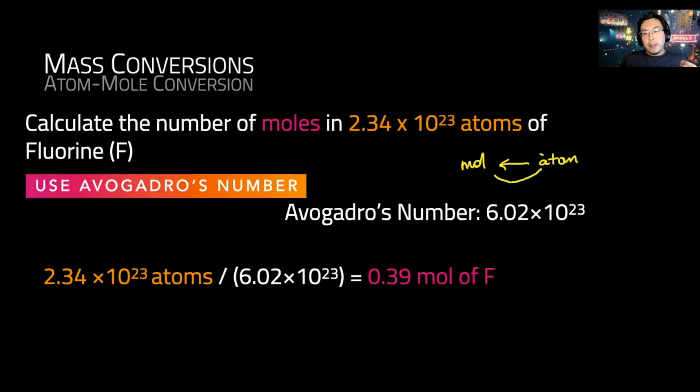So we're going to be dividing by Avogadro's number, 10 to the 23, right? This entire thing you're going to put in the calculator and then divide by this entire thing, right? At the end, the answer should look something like this, right?